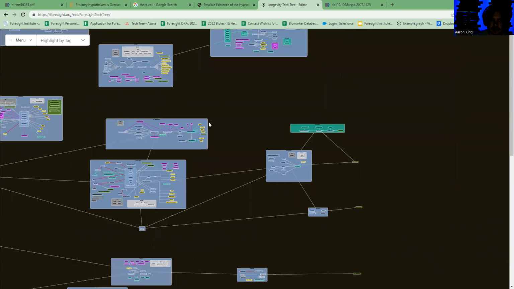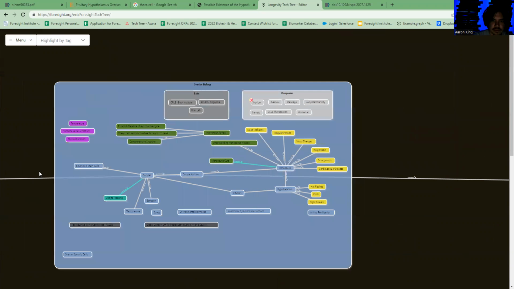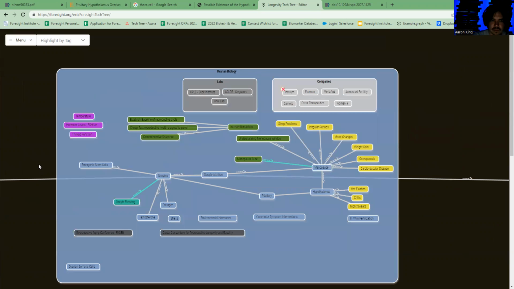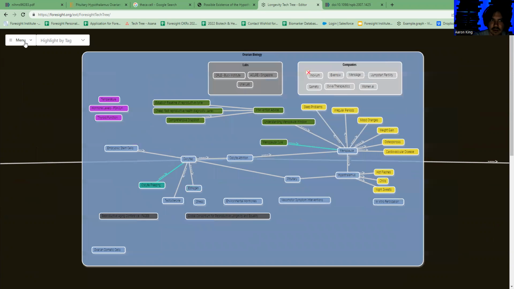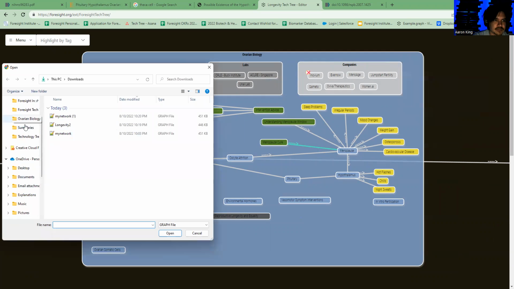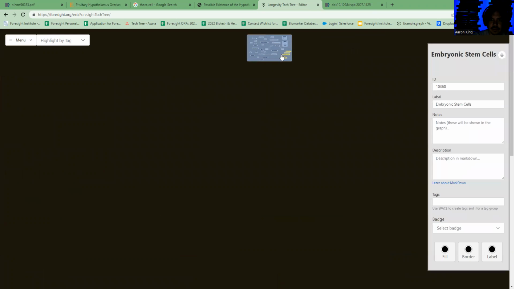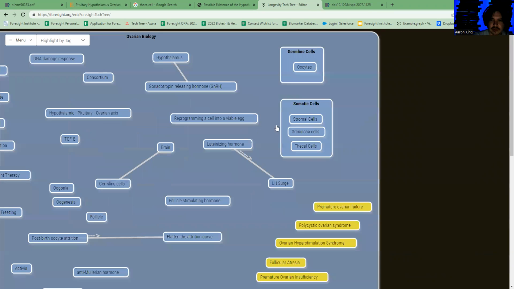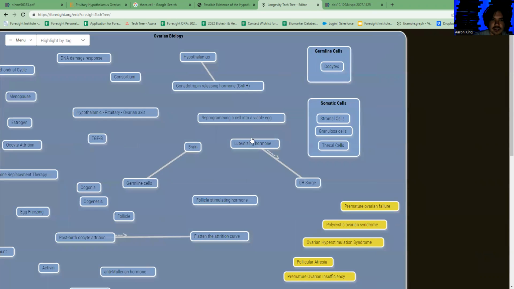It's down here somewhere. Ovarian biology. Here we go. Stromal. Oh, I did have thecal cell. Okay, so that's already there.